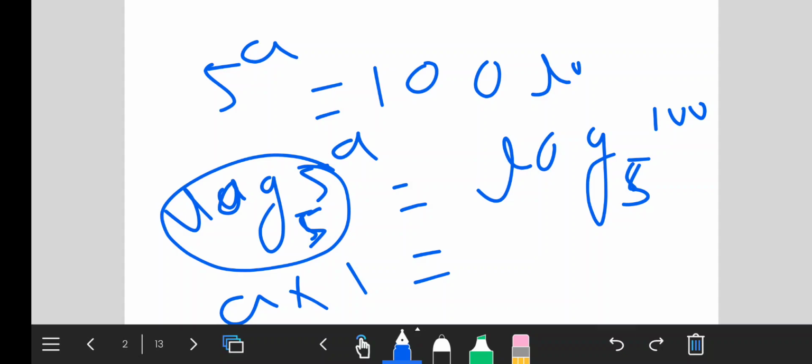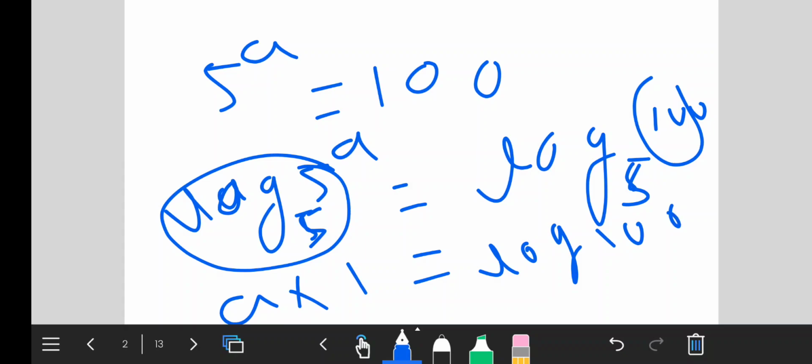So using it, this becomes a. And similarly we can write the right side as log of 100 divided by log of 5. Log of 100 means we can consider the base as 10 by default. So log of 100 can be written as log of 10 raised to 2.